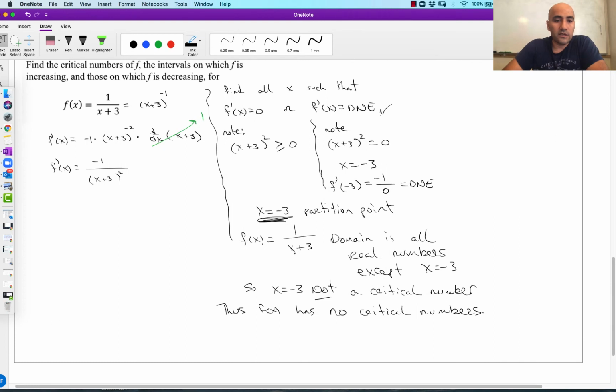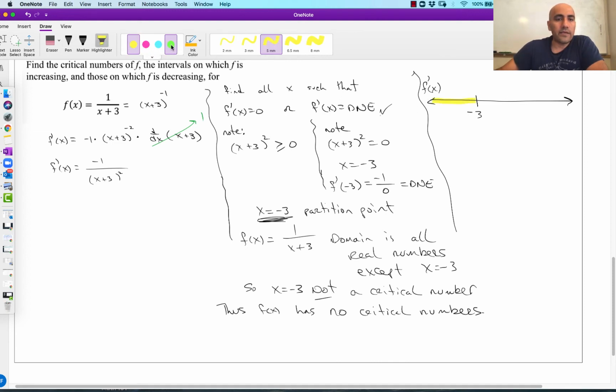So I'm going to come back up here. I'm going to put this number line there. I have the number -3 there. And I want to think about the derivative, f prime of x. What's happening to the left of this -3? What's happening to the right of this -3?